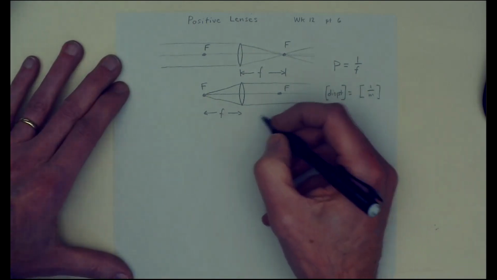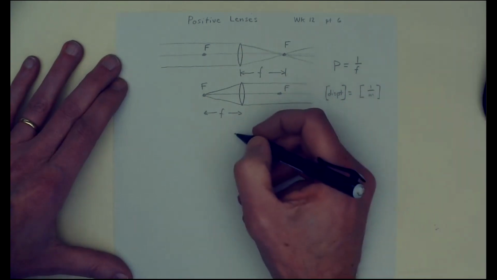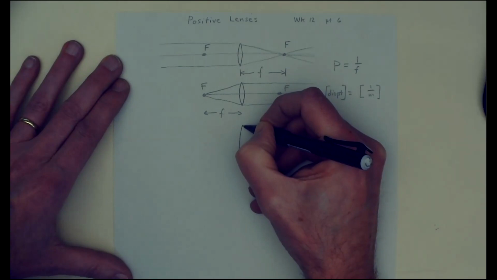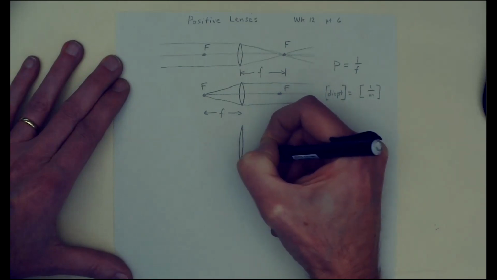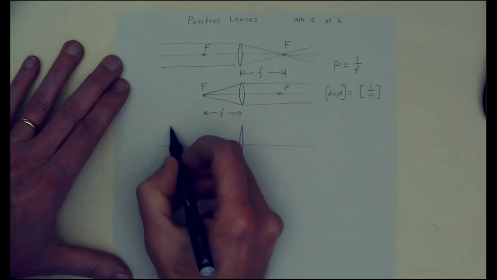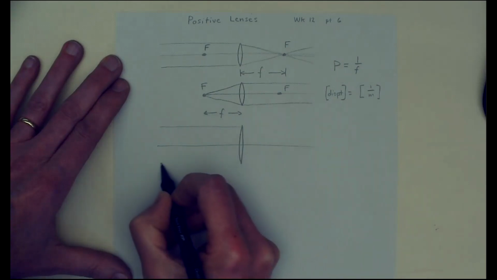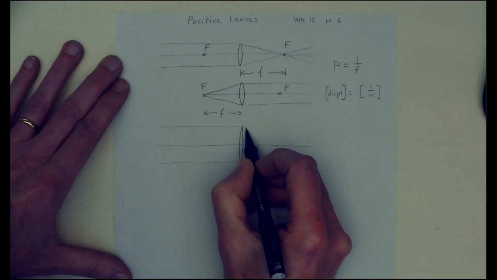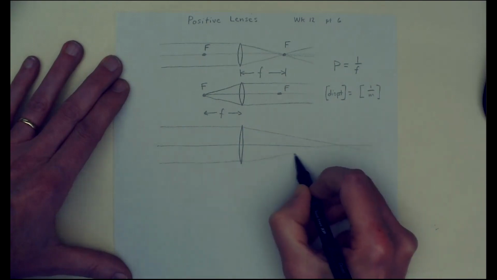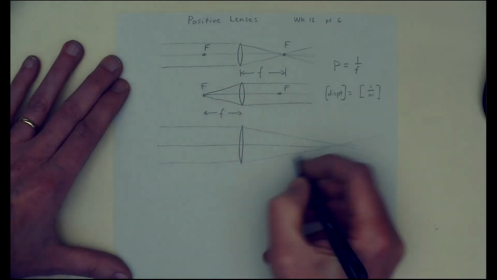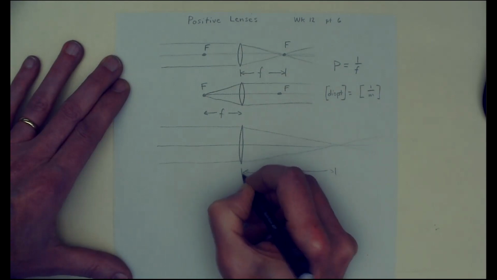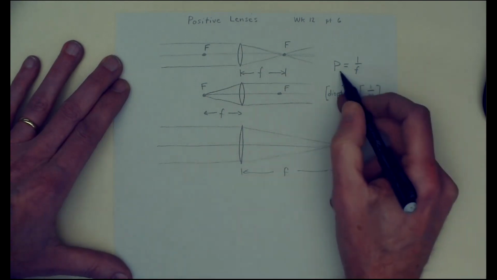Lenses can have different focal lengths, different powers. We could have a lens that is more gently curved, and in that case, these parallel rays coming in would focus much further away. And so we might have a picture that looks more like that, where the focal length now is longer and the power would be less.